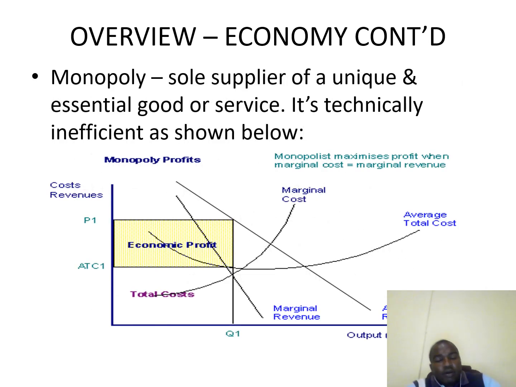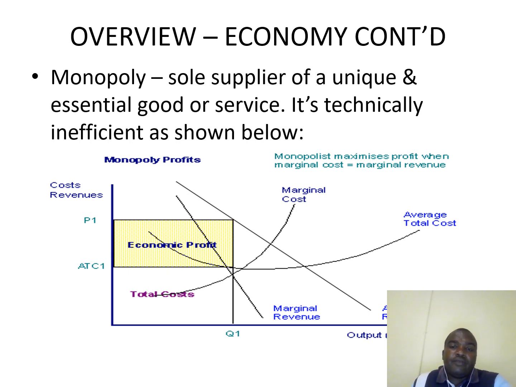And then in monopoly, we see that since there is a sole supply of a unique and essential product, a monopoly is technically inefficient both in the short run and in the long run. This is caused by the divergence between the marginal revenue curve and the average revenue curve.